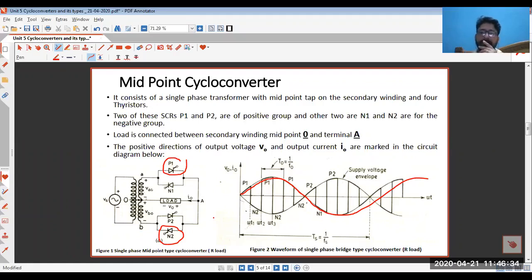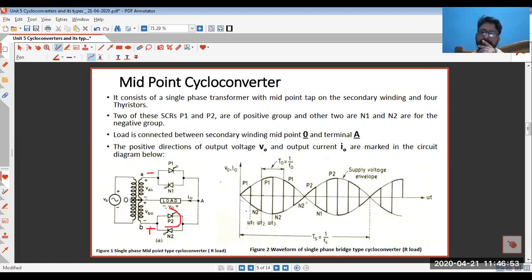Now what will happen for the negative half cycle? For the negative half cycle, you can see N1 and P2, these two SCRs will become forward biased. Now for the negative half cycle, A is negative and B is positive.